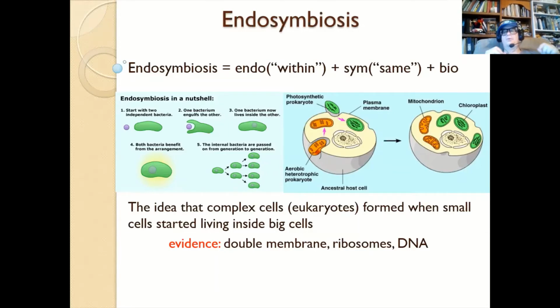There are a lot of organelles that have their own DNA, their own ribosomes, make their own proteins, and reproduce on their own schedule inside of the large cell. These organelles are doing their own thing, almost like they were their own little mini cell.